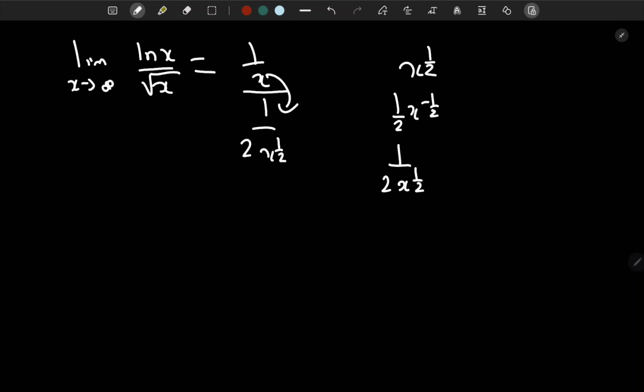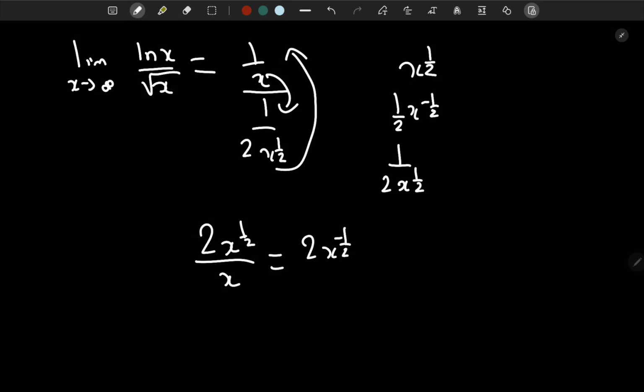Now we can simplify this. We can bring the denominator down and bring this up, just normal simplification here. We are going to get 2x to the half over x, and here I can simplify this and get 2x to the negative half. Now we can substitute infinity here.